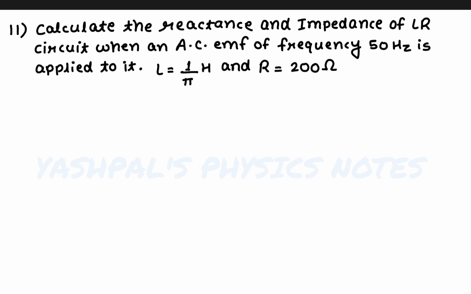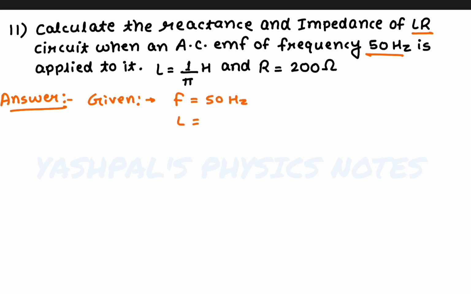Calculate the reactance and impedance of an LR circuit. Here we are given the LR circuit, when an AC EMF of frequency 50 hertz is applied. Inductance is given as 1 by pi Henry. R is equal to 200 ohm. So let's solve it. Write the given data. Given is frequency 50 hertz.